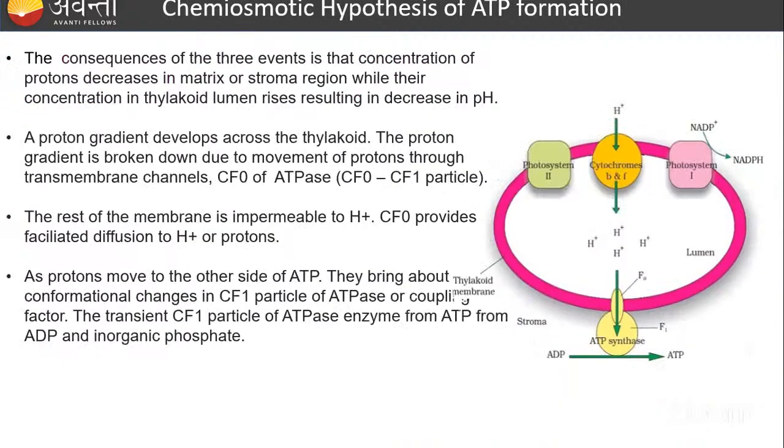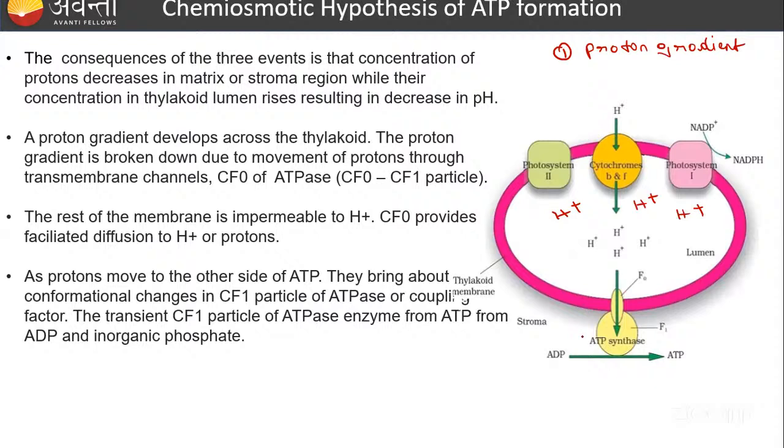So now let us see what will happen. Now the proton gradient is formed, right, guys. We require this proton gradient for ATP synthesis. Now we will concentrate on how the ATP is going to be synthesized. Now we have all the protons in the lumen. Now what will happen?